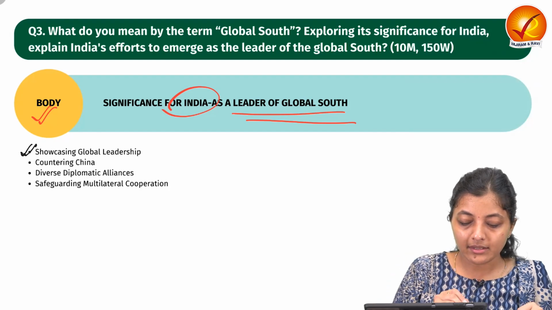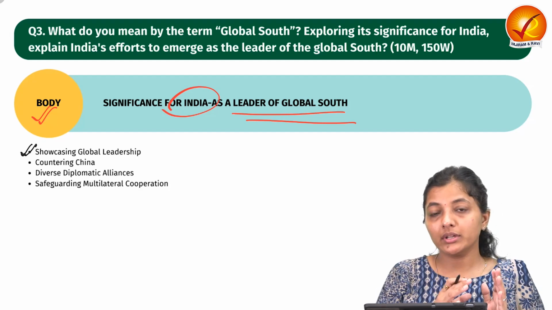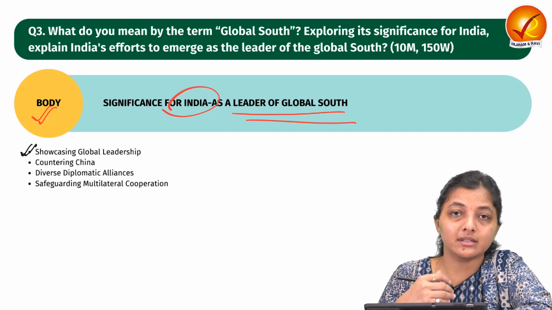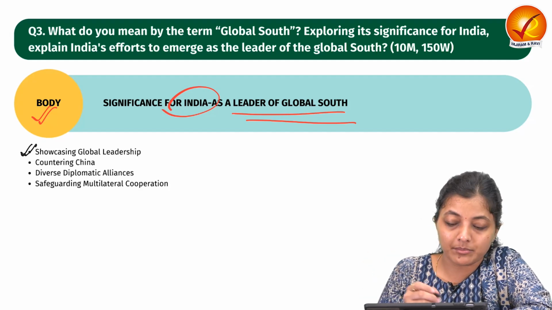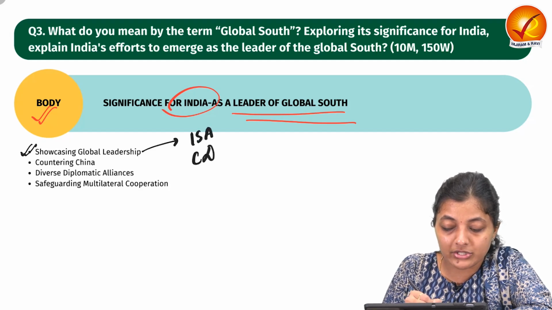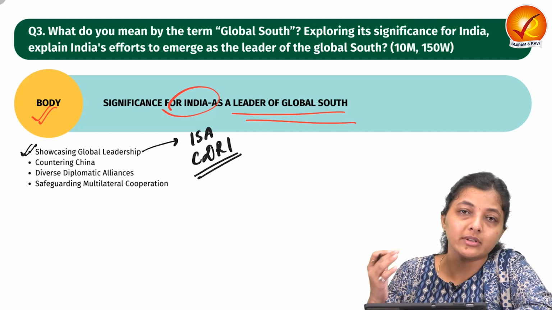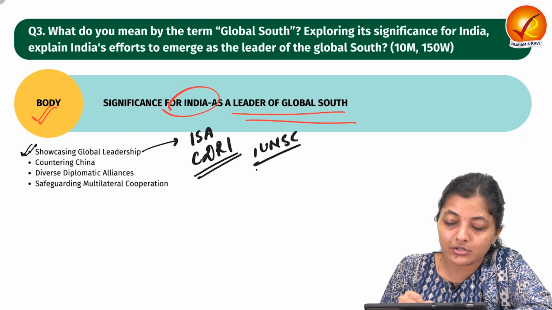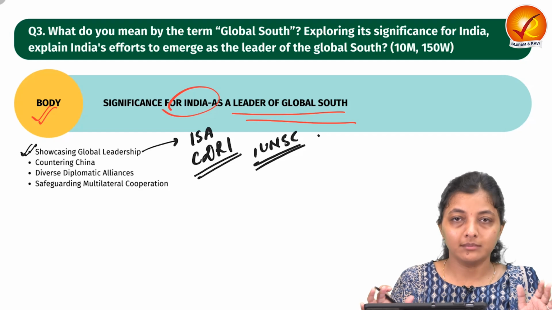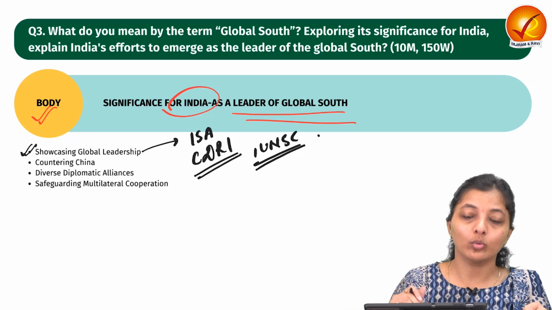So India can showcase its leadership quality at the global scale by raising the voice for the global south, like for global governance, be it climate governance, because India has come up with the International Solar Alliance, the Coalition for Disaster Resilient Infrastructure, and also it is raising its voice for reforms in the UNSC. So it is raising its voice for the global south as a whole. India is raising its stature or status at the global level.